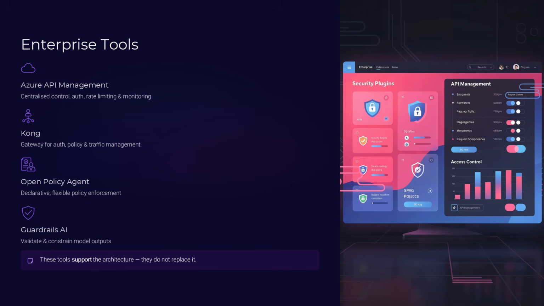Open Policy Agent enables flexible declarative policy enforcement integrated into application workflows. Guardrails Artificial Intelligence offers mechanisms to validate and constrain model outputs, helping prevent unsafe or policy-violating responses. These tools are not the architecture, they support the architecture. Your responsibility as an architect is to define how such tools fit into the layered reference model.